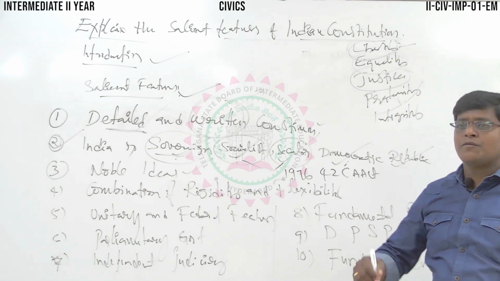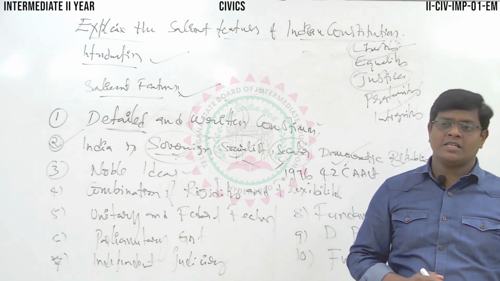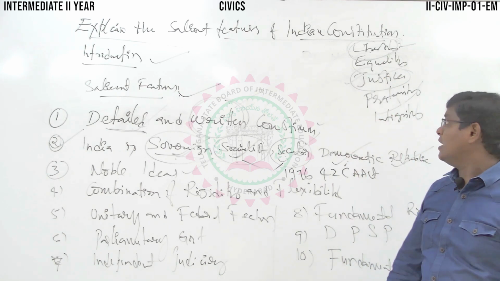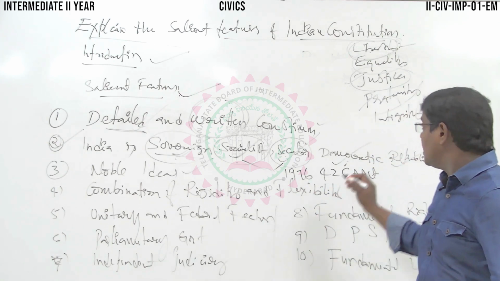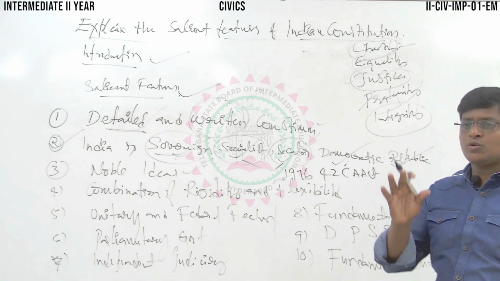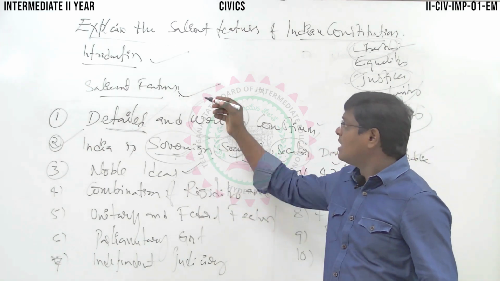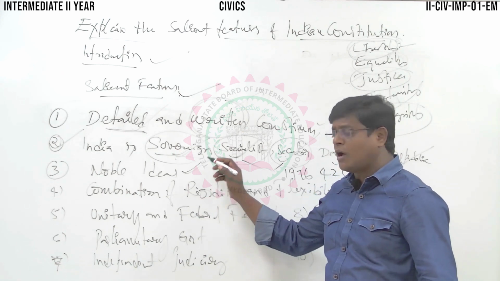Justice in the matters of politics, that is, political justice, social justice, and economic justice, we provided through the Constitution of India. Then fraternity. Fraternity is nothing but brotherhood. And integrity is unity and togetherness. Clear? So these are the noble ideals clearly mentioned in the preamble of the Constitution of India.